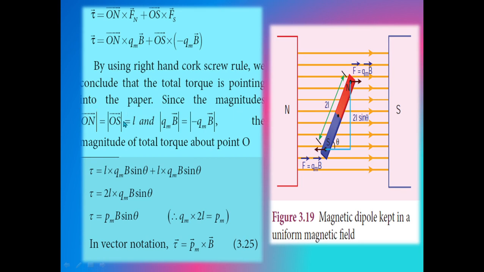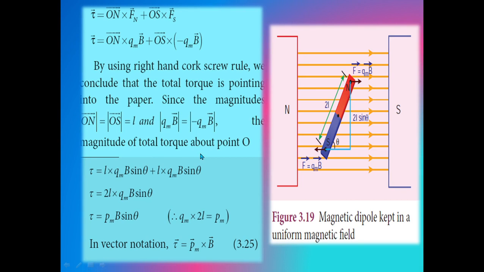The magnitude of ON vector is equal to the magnitude of OS vector, because O to N is L and O to S is L. Similarly, QmB vector is equal to minus QmB vector: both forces are equal but act in opposite directions.